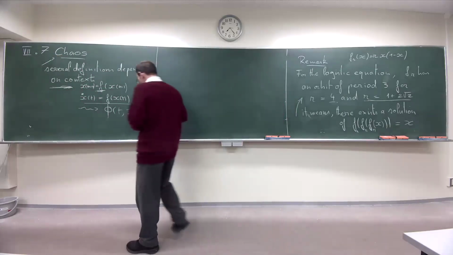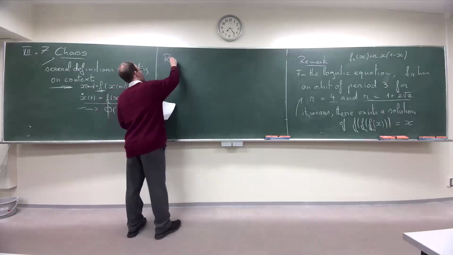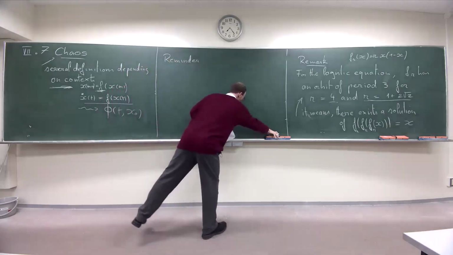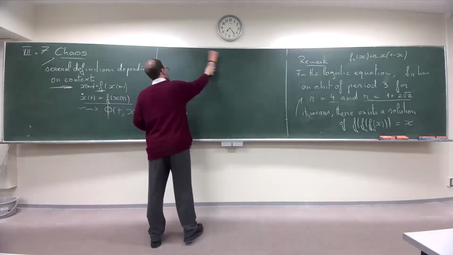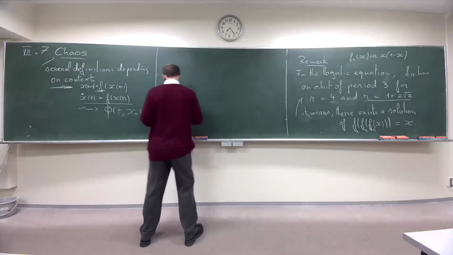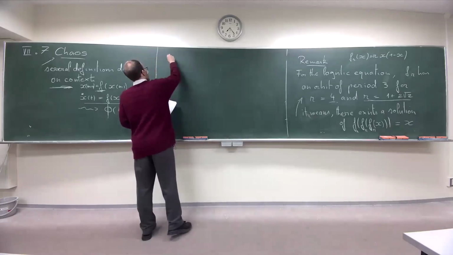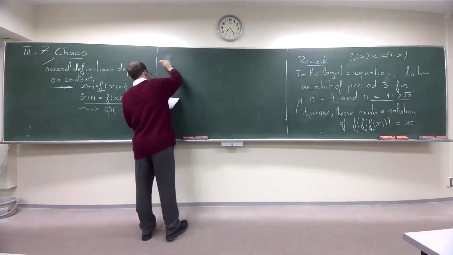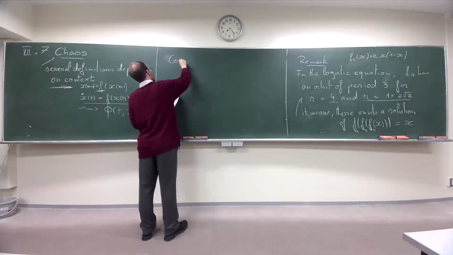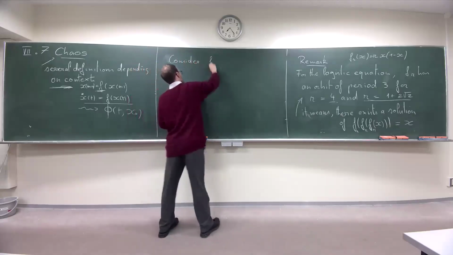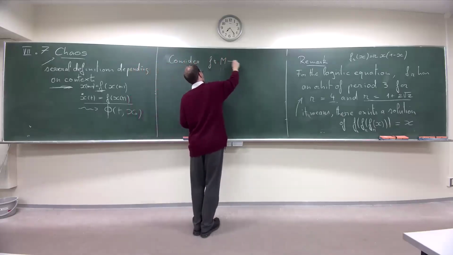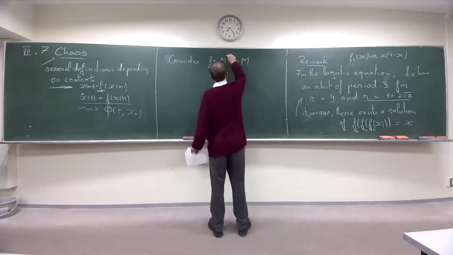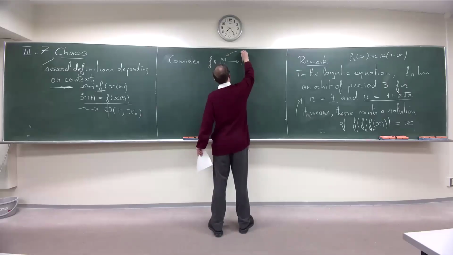So let me remind you the notion of topologically transitive. Oh no, it's not a reminder because we introduced it for continuous time. So let me introduce it for discrete time. We consider f from M to M. If I come back to the general setting I'm in now, this is just a metric space.